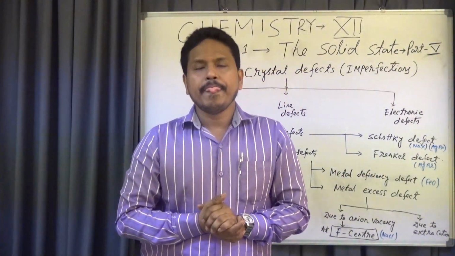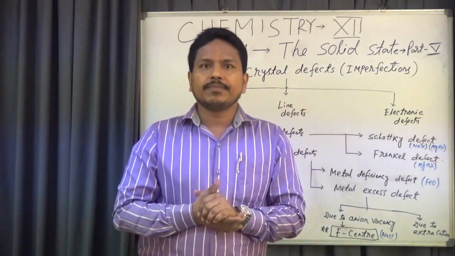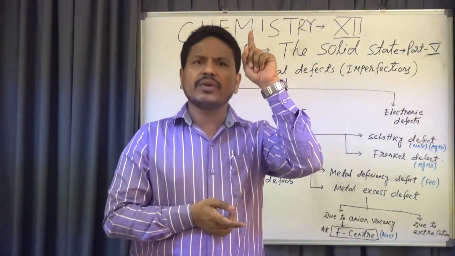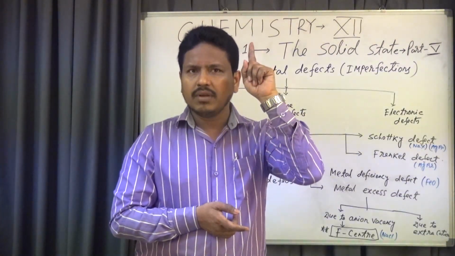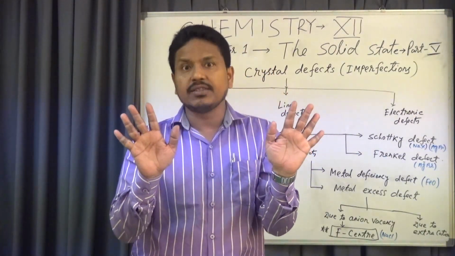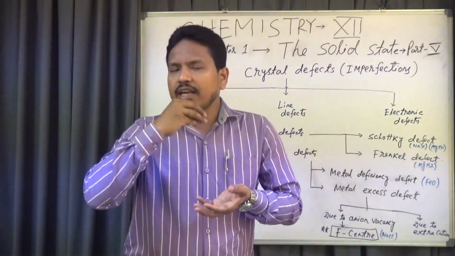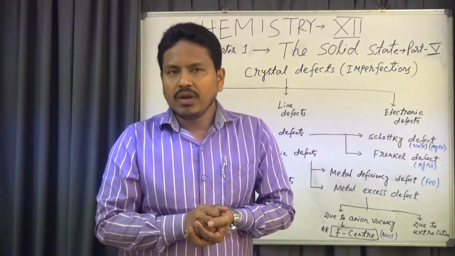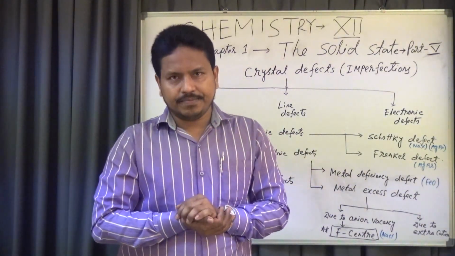But generally no crystal is perfect at normal conditions. Only at absolute zero temperature, at minus 273 degrees centigrade, does a perfect crystal exist. At ordinary conditions, the atoms will be displaced from their original lattice sites.